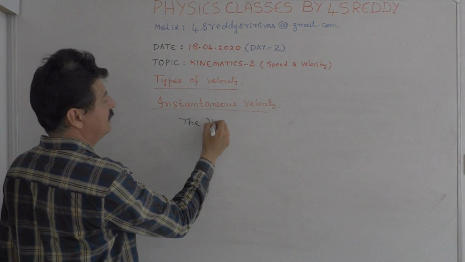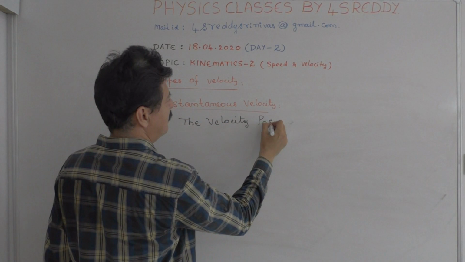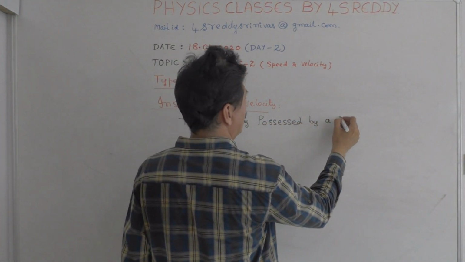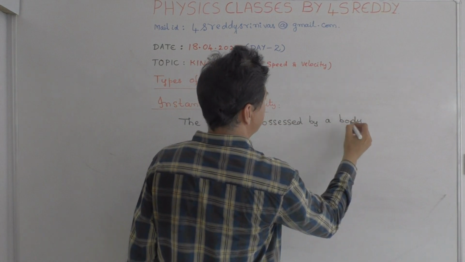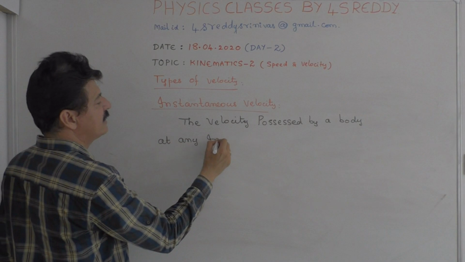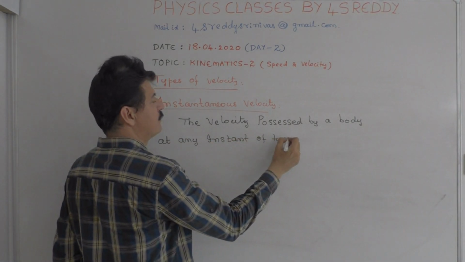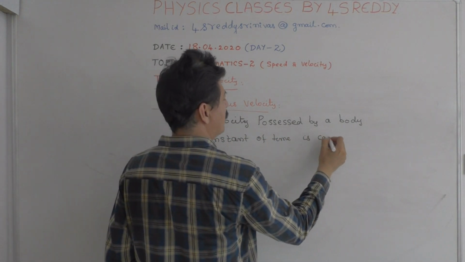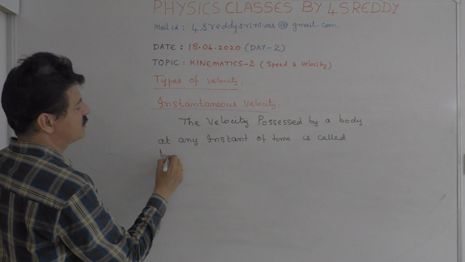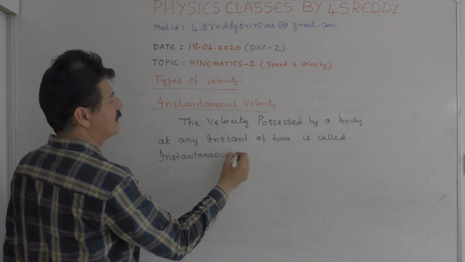The velocity possessed by a body at any instant of time is called instantaneous velocity.